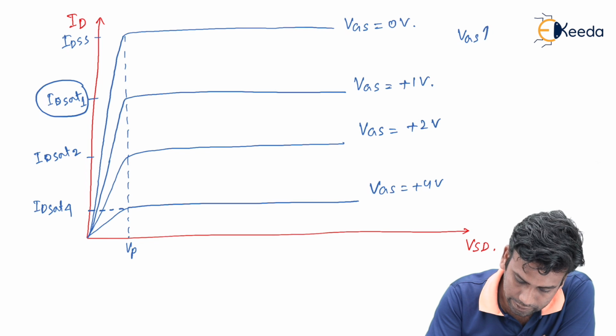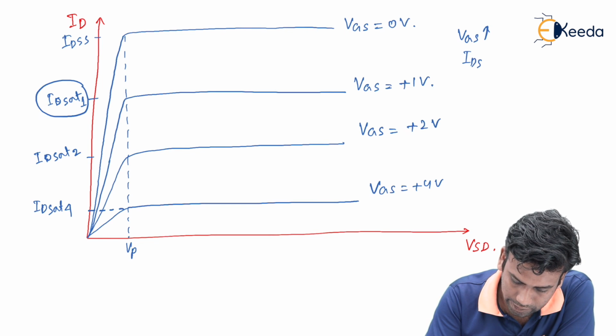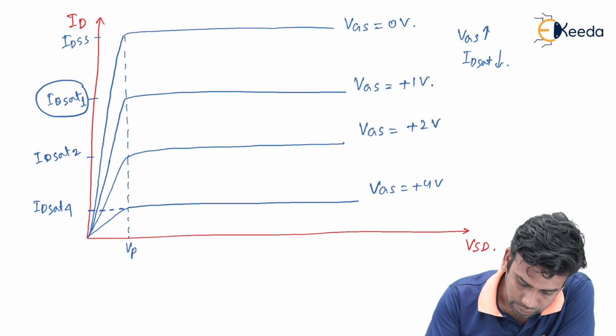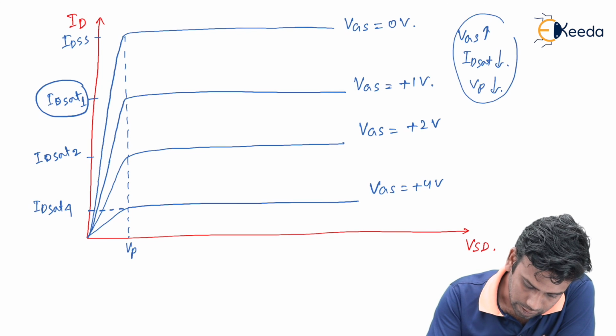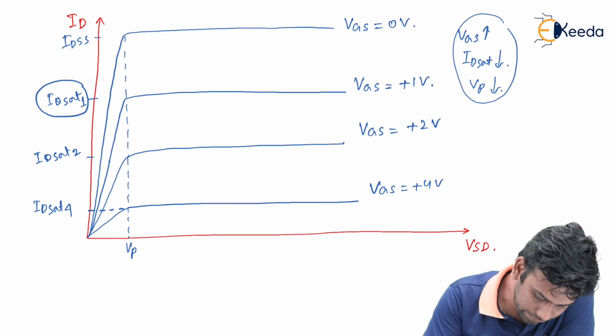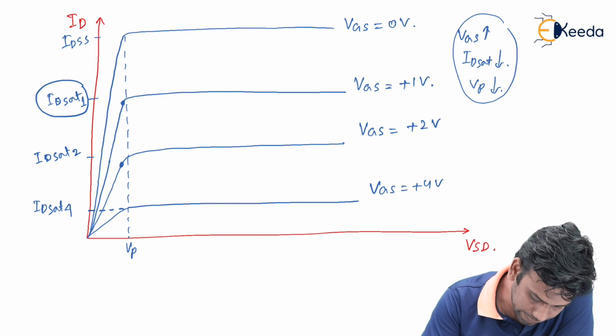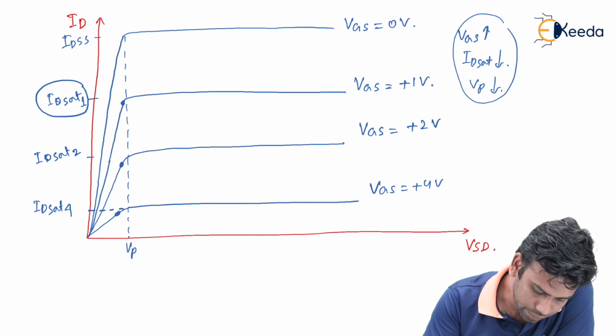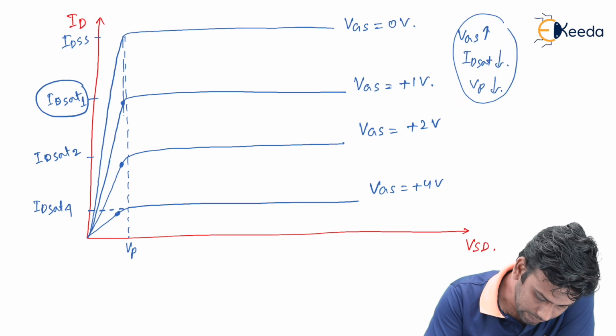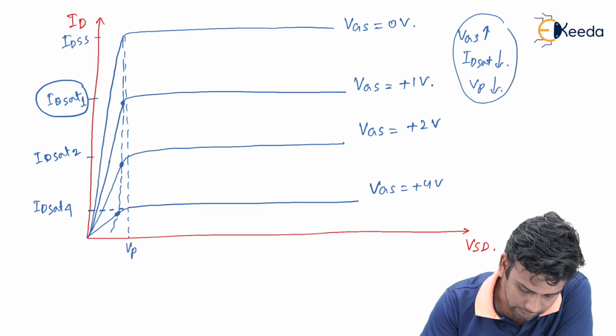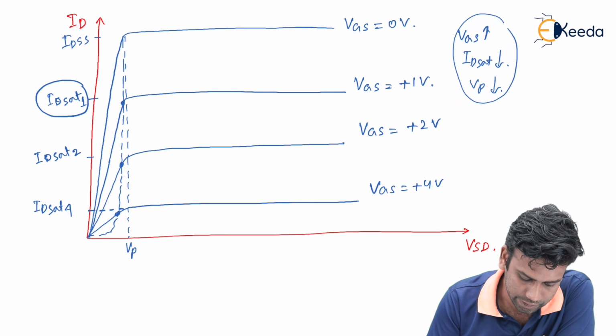So we can see that as VGS is increased, the ID saturation is decreased, and the pinch off voltage will also decrease. Now here the pinch off voltage has occurred at this point, here, this point, here, this point. So the pinch off voltage is decreasing as the gate to source voltage increases.